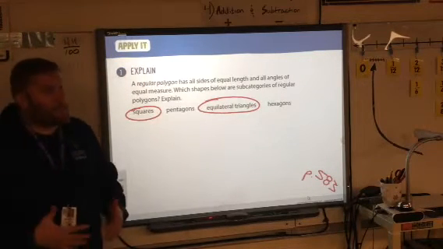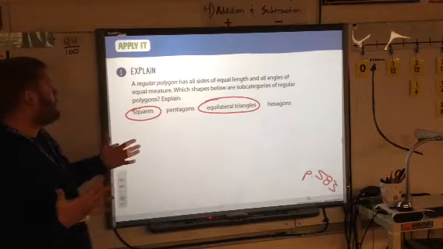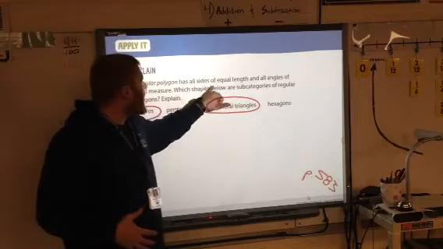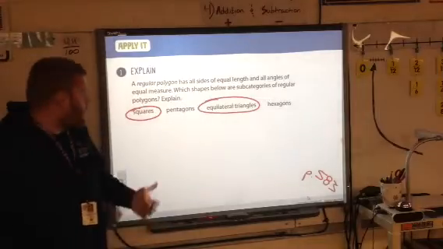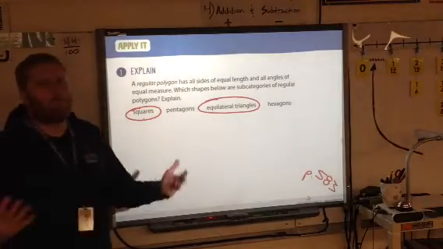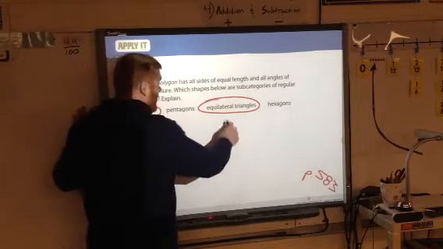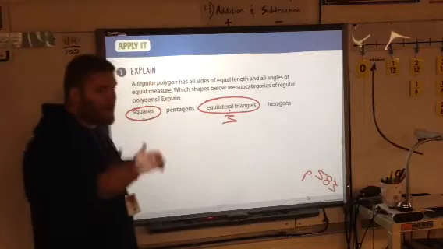Well, it actually seems a little bit more obvious now that we read the definition again. A regular polygon has all sides of equal length. Now I said it in our intro. What's a square? What's its last attribute that makes it a square? All four sides of equal length. Then the equilateral triangle, although it only has three sides, it doesn't matter.